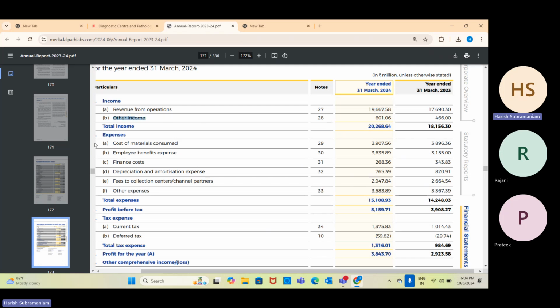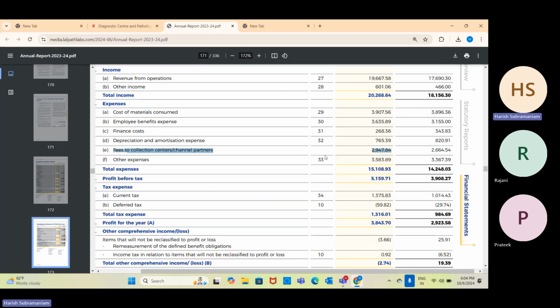And then there is some other income. And then we have the total income. And then we have all the different types of expenses, cost of materials, employee benefits expense, finance cost, depreciation, some fees, etc. that they pay, which is specific to their business. We usually don't see this in a standard income statement. Some other expenses, and then we see this is their total expense.